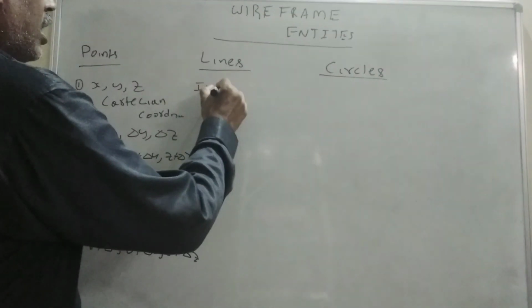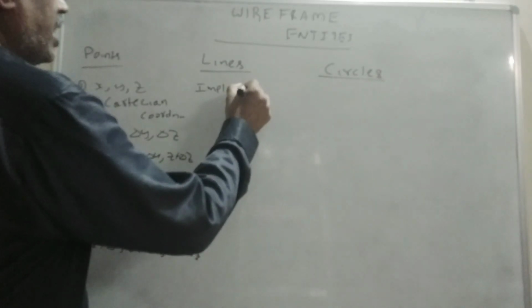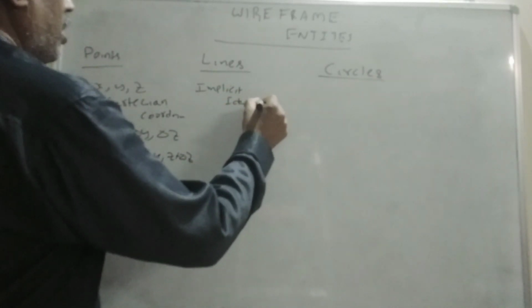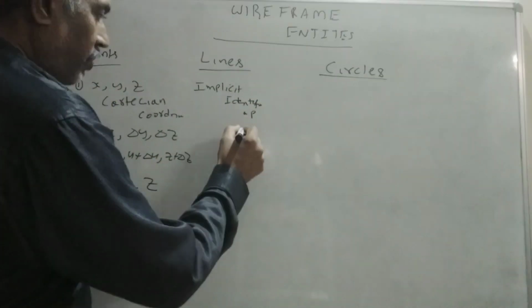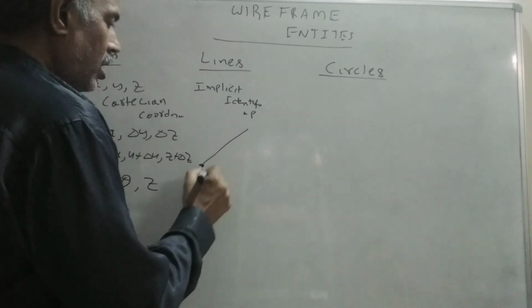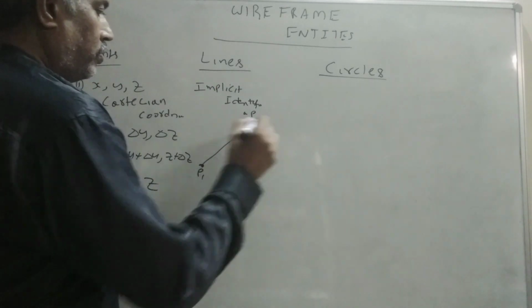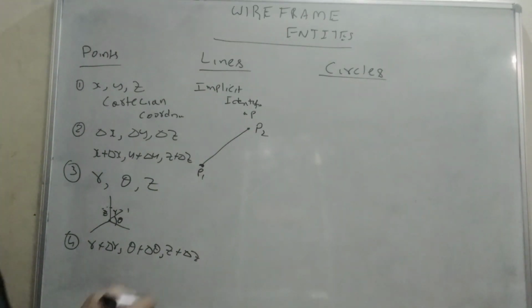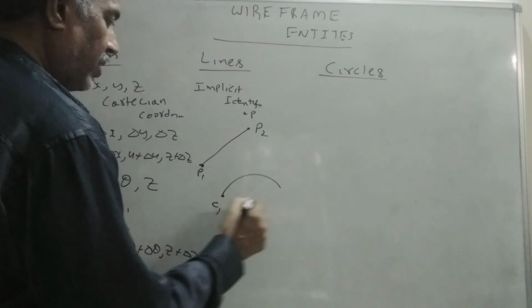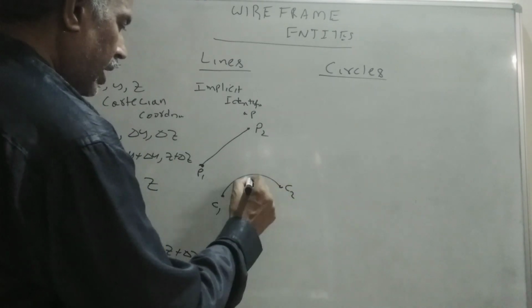The other way is the implicit way of identifying a point. For example, if a straight line is already in the computer, you can identify point P1 and point P2. If there is an arc, you can identify point C1 and point C2 at the center of the arc.